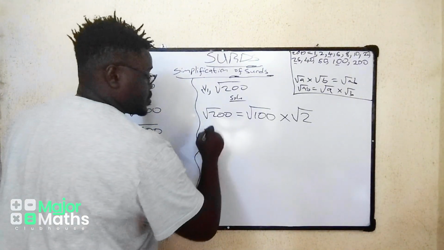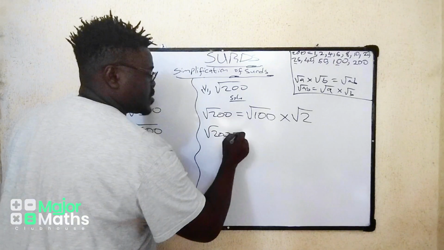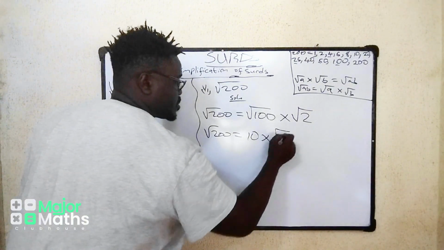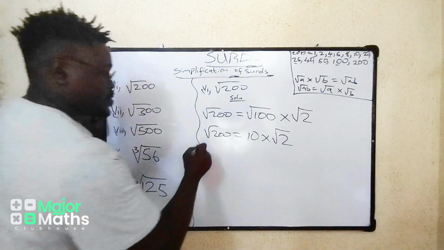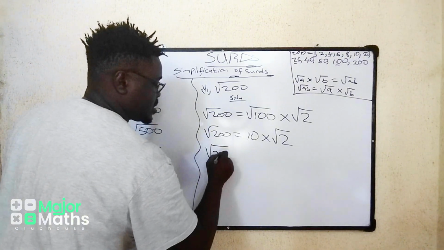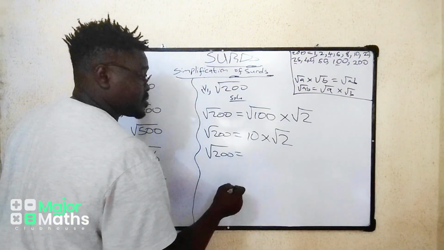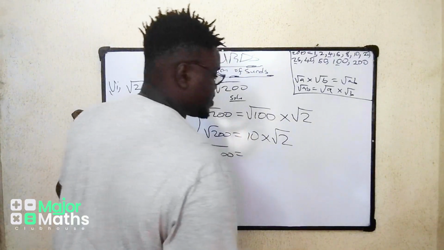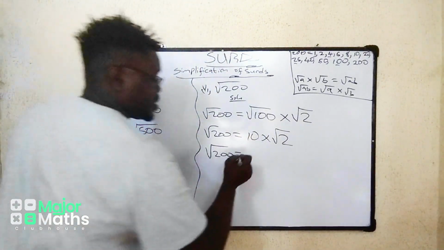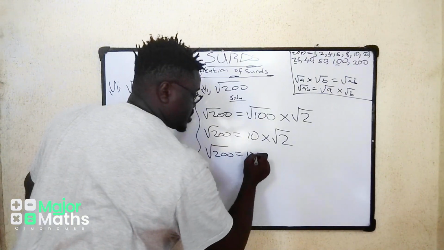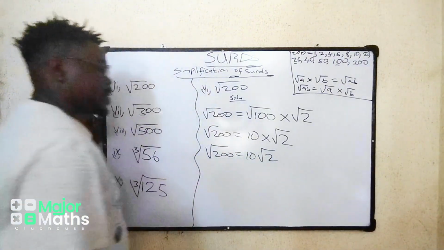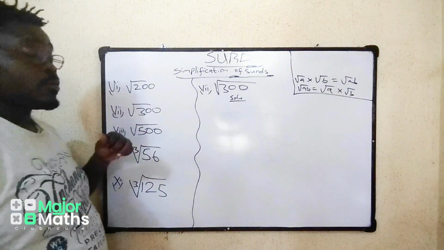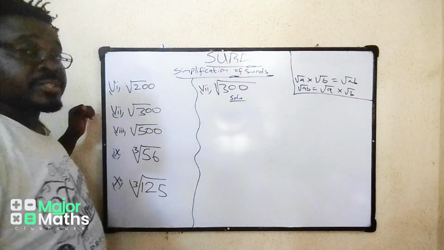So root 200 is equal to root 100, which is 10, times root 2. Of course, you know root 2 can't give us a definite value, so it becomes 10 root 2. So that's your answer.